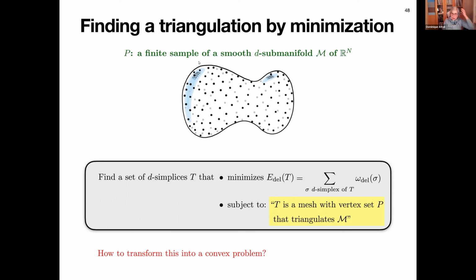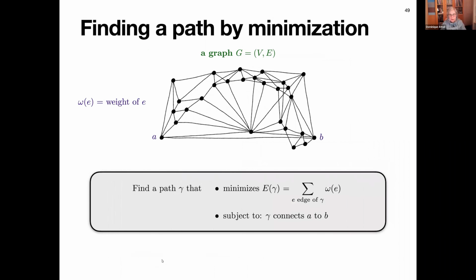Okay, so there is a problem in this formulation. It's that the constraint is clearly not linear. And we would like to transform this problem into a convex problem so that we could solve it efficiently. So in order to introduce the idea, I'm going to consider a simpler, one-dimensional problem.